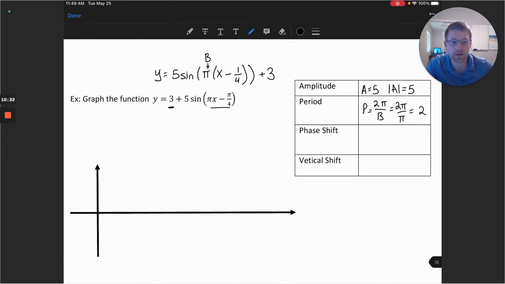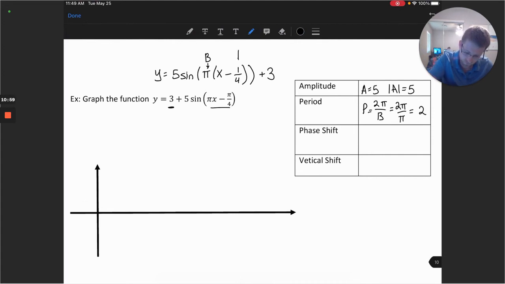So this is a little bit different than the ones that we've seen before. But again, a lot of times the period of some function is in maybe seconds for maybe a sound wave. And so it makes sense sometimes to not have pi in the period itself. So we have a period of 2, and then we have a phase shift.